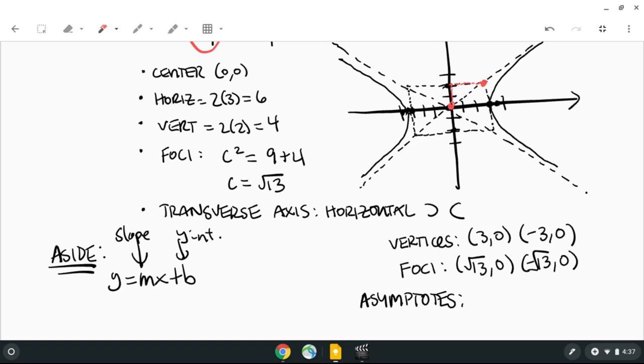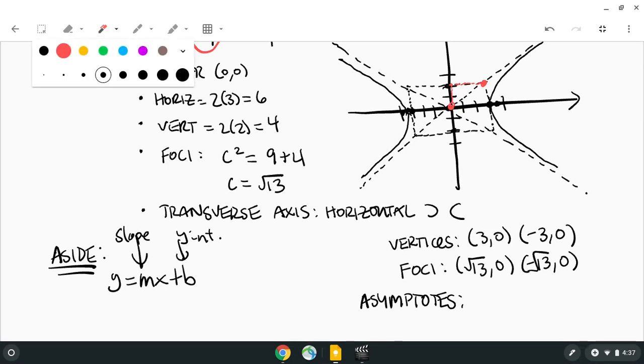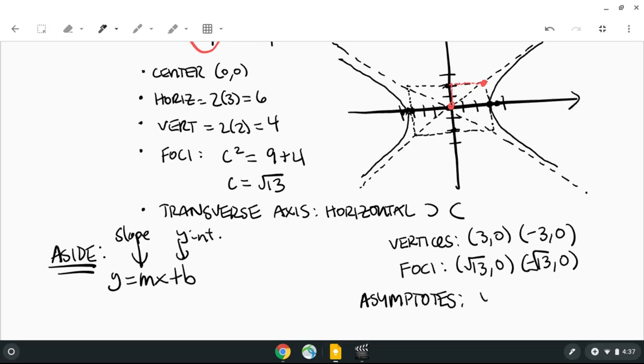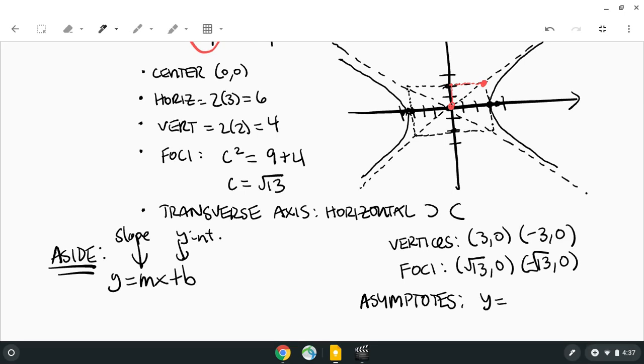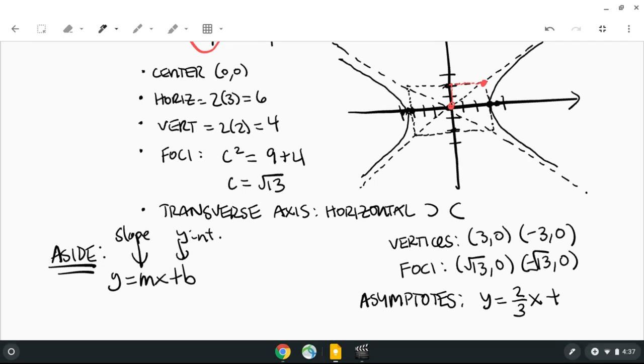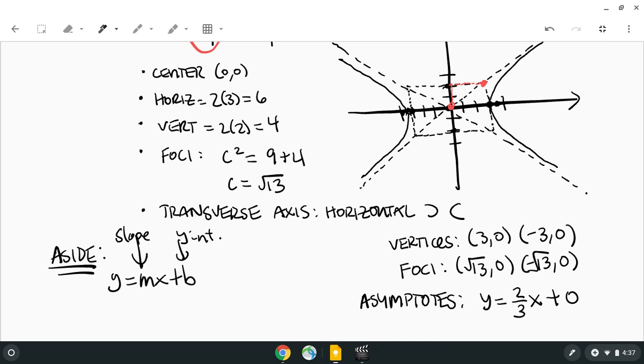So my first equation for the asymptote is y equals 2 over 3 x plus b. And b is my y-intercept, which is where the graph crosses the y-axis, so it's at 0. So this would be the equation of that positive line. Do you have to write the 0? Nope. Let's just leave it like that.